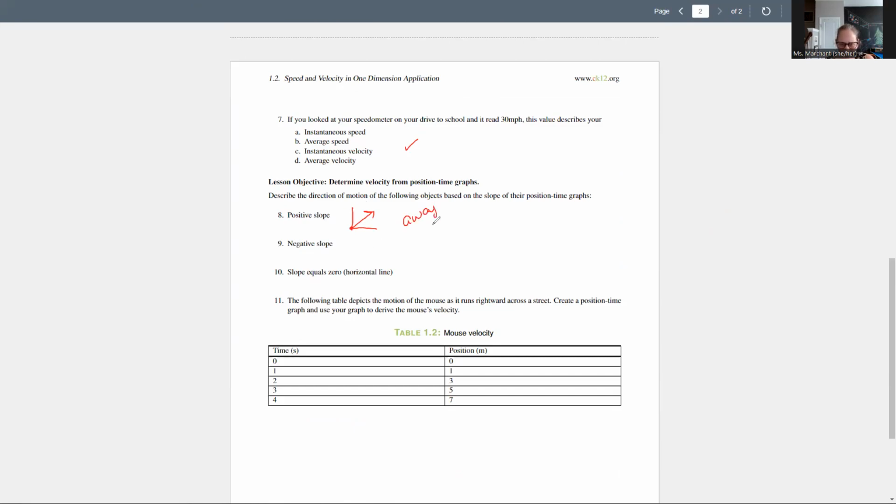Okay, so the motion is going away, and it's going to be constant velocity. It didn't ask for that, but I just want to make sure that we're really reiterating that so it gets stuck in your brain. Negative slope, what does negative mean? That means it's going down. So actually we have to start above the origin to do that. So it's starting away from the origin and it's going towards the origin.